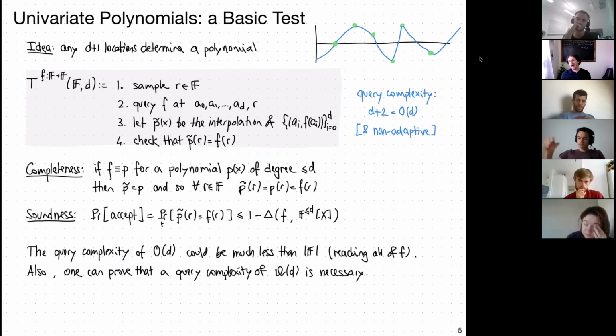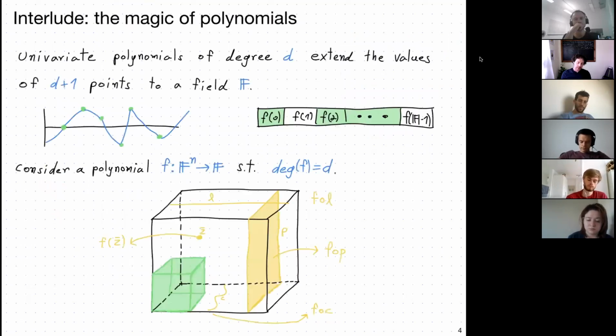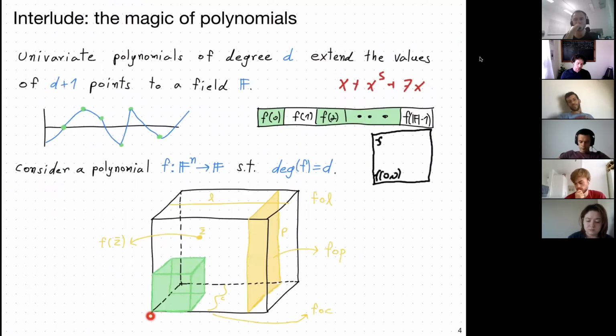So now, of course, why aren't we done? We have the ultimate test for testing low degree univariate polynomials. The problem is that if we try to take this approach and generalize it into higher dimensions, then we'll get into a very bad situation. The reason is that, if we go back, maybe just 1 second, to the picture here, then it would mean that if we do it in higher dimension, we need to query the entire cube, which is something of large volume.